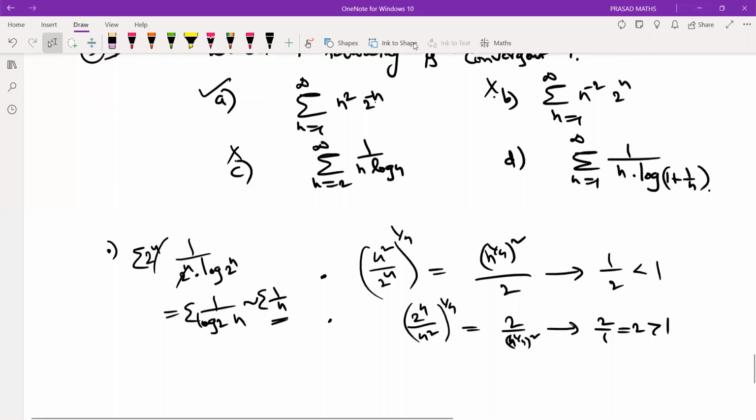So tell me, option D. Anyone? Which test are you going to use? Option D. Which test are you going to use? Jyoti Raspalli, you need to mention the test. Which test are you going to apply, to show that it is divergent?